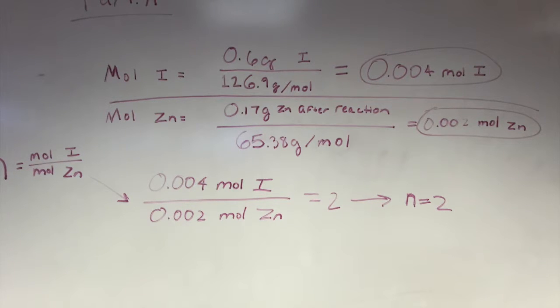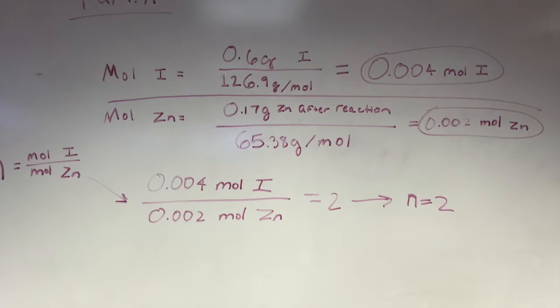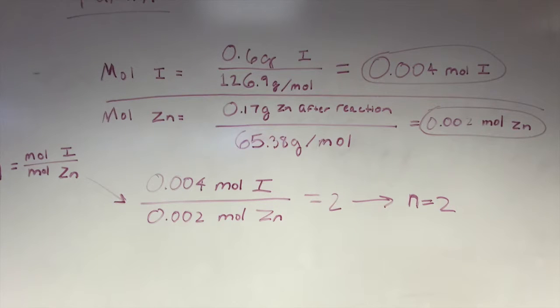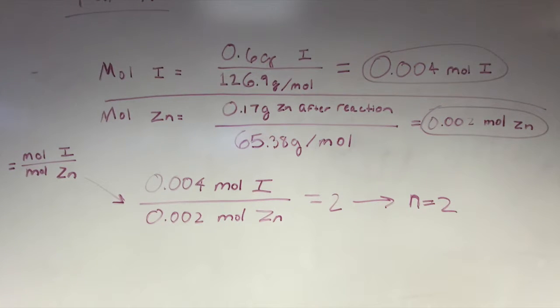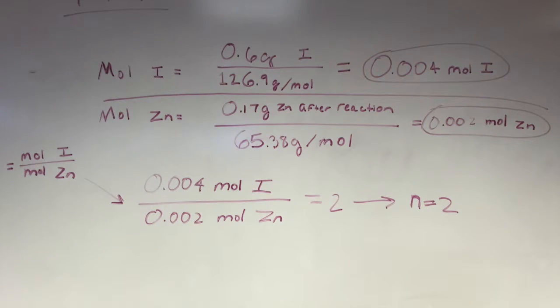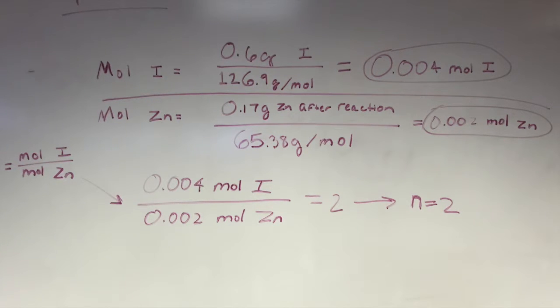Then we found the moles of zinc by dividing it by the molar mass of zinc, which was 65.38 grams per mole, and got 0.002 moles of zinc. Then to get the last product, we divided 0.004 moles of iodine by 0.002 moles of zinc and got 2.